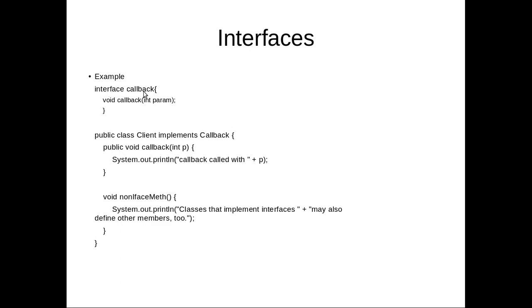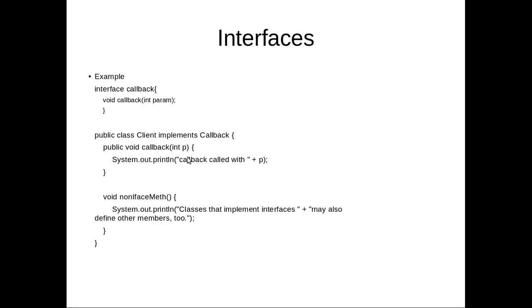That means we are going to implement this callback. There's a spelling mistake here: the capital C in callback is used, actually it is a small c. So public class Client implements Callback, and here public void callback(int p).